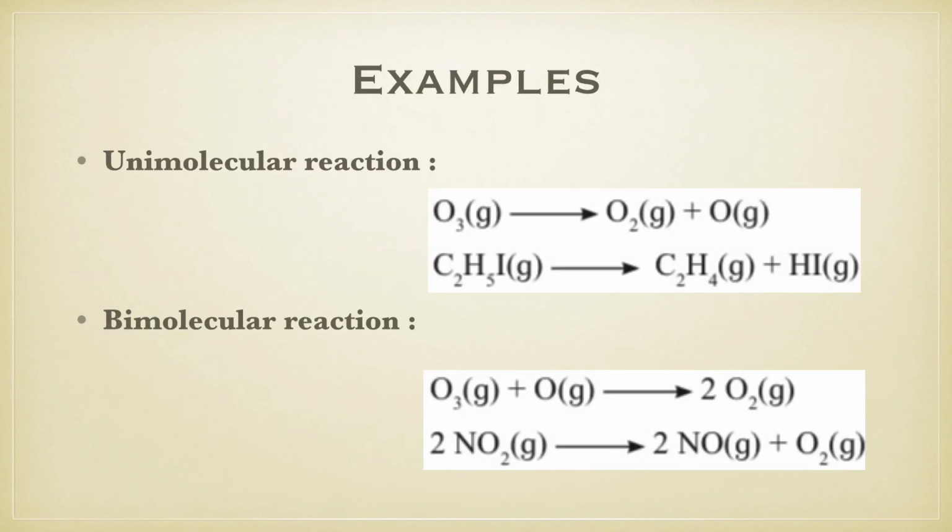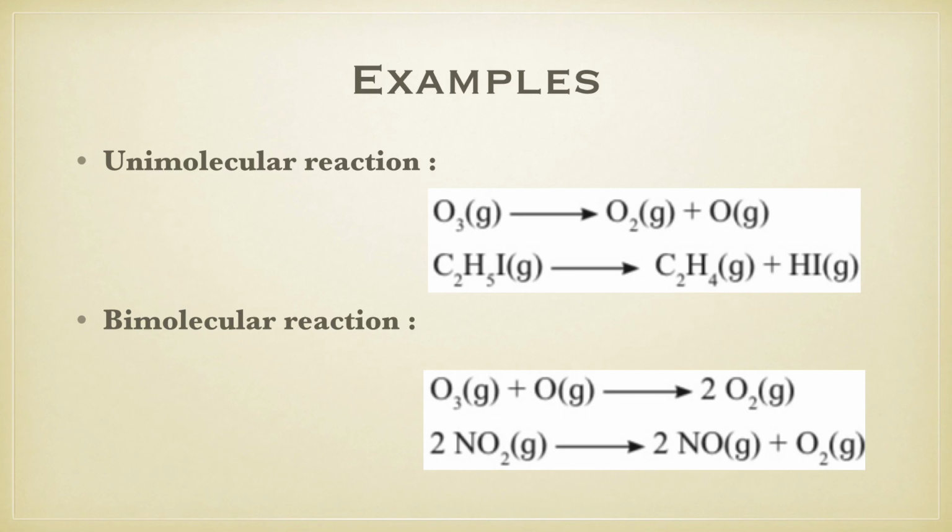Now we will see some examples of unimolecular reaction and bimolecular reaction. Unimolecular means the molecularity will be 1, that means one reactant molecule is involved. Bimolecular reaction means how many molecules will be involved in the reaction? It will be 2. We are talking about reactant molecules over here.